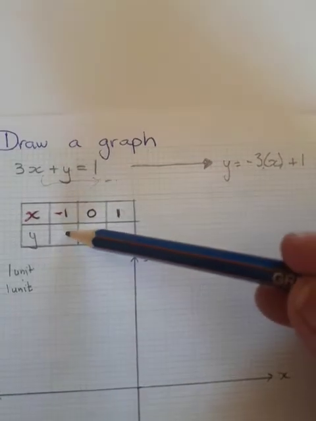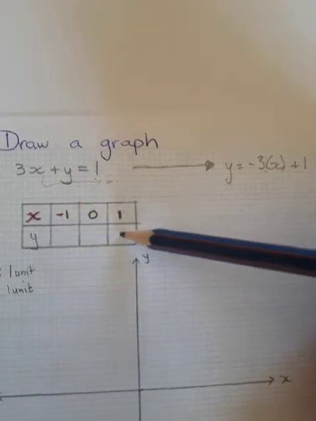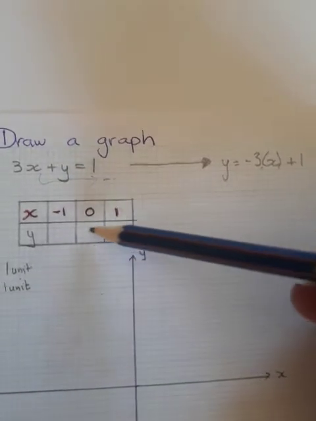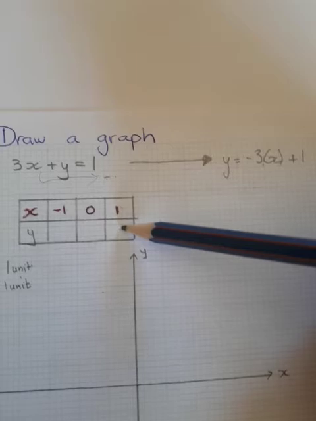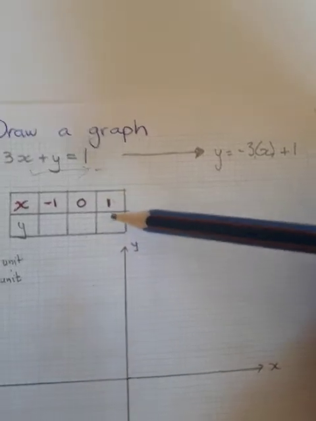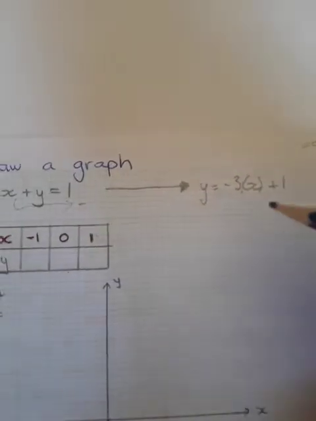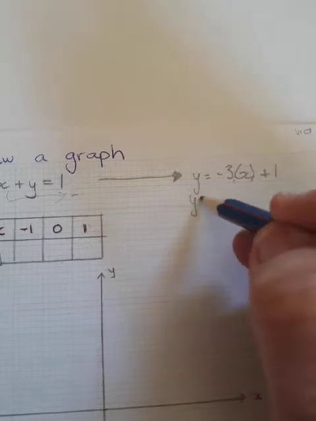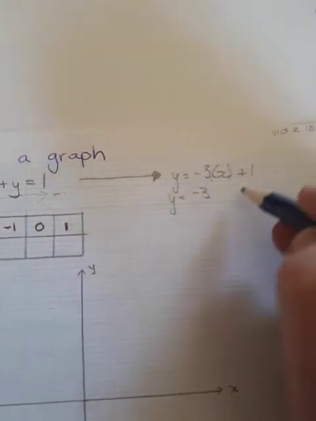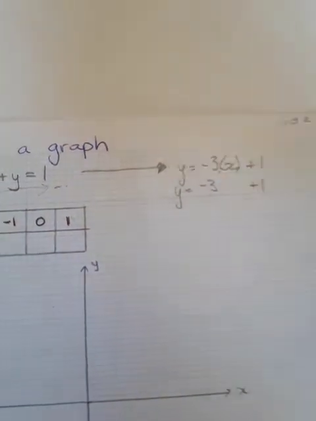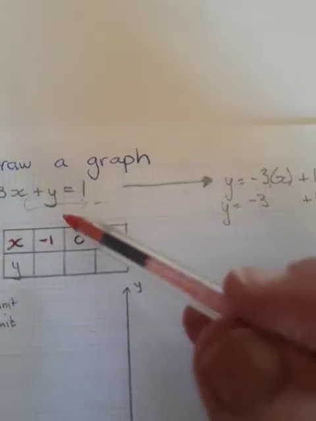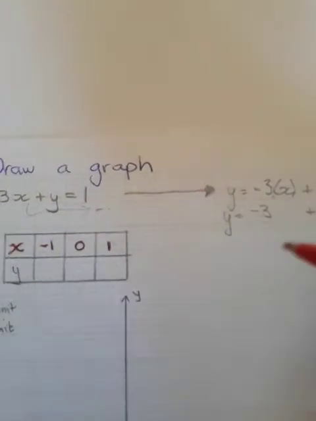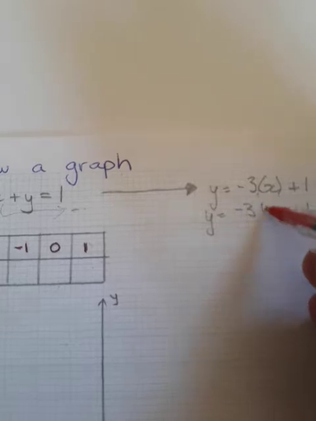Now you must calculate the relevant y coordinates. And that is a really important skill for all the graphs to come. So all that you do is you take your formula, y equals negative 3x plus 1, and you will substitute your x value, which in this case is negative 1.